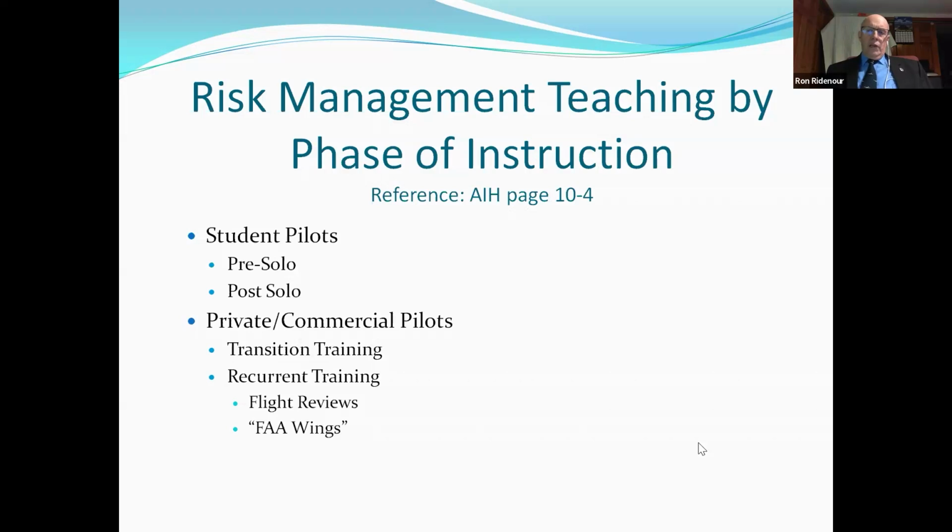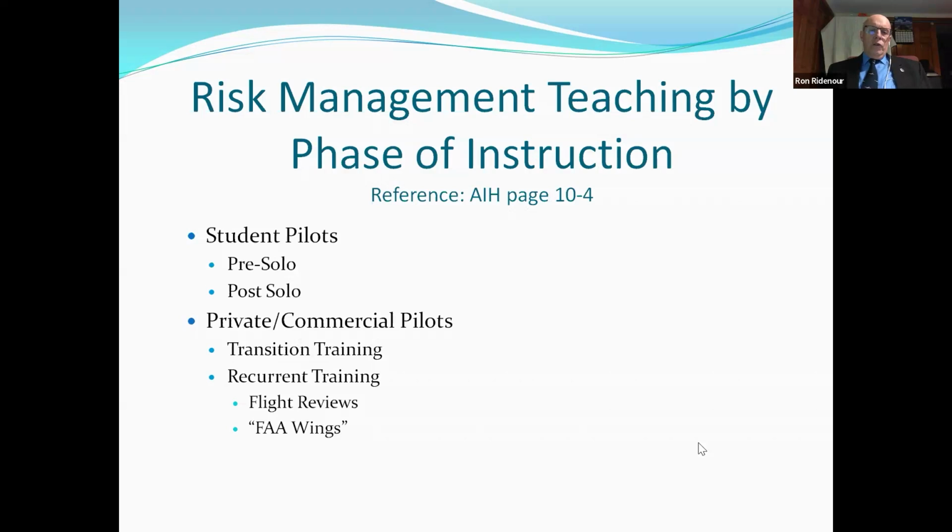It may be that they learned how to fly 30, 40 years ago, and now they're just reintroducing themselves by training in a glider in transition training. And 30 or 40 years ago, we didn't talk about risk management the same way that we do today. We didn't integrate it into the training as we try to in today's world.